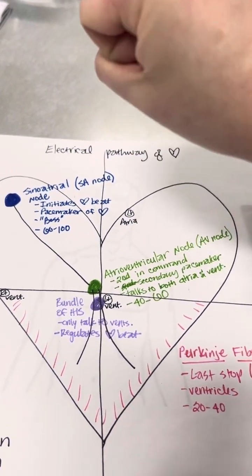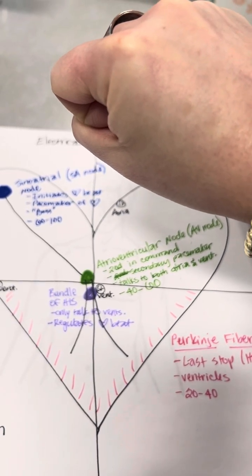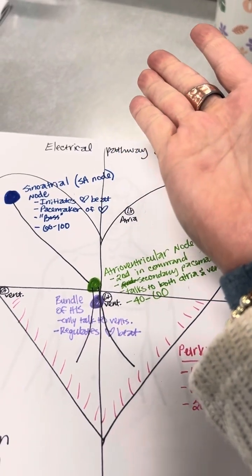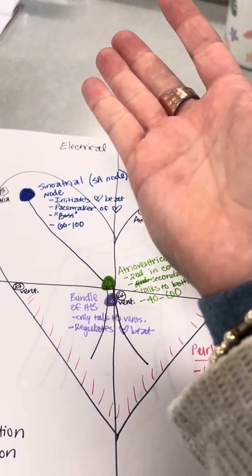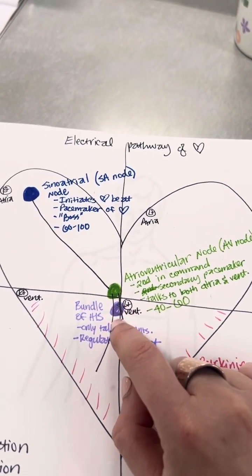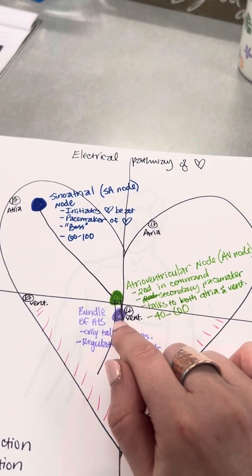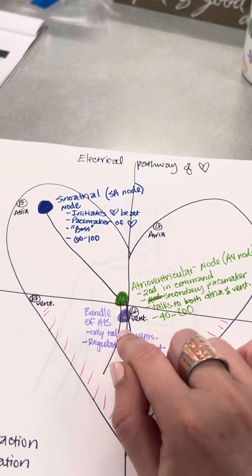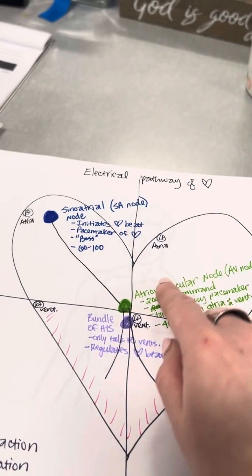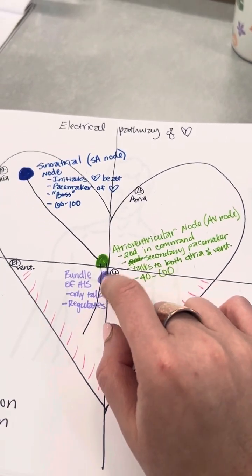When the atrioventricular node gets that impulse, it tells the atrial cells to repolarize. So the atrial cells now relax, and it sends an impulse down the highway, telling the ventricles to depolarize. So we've got the atria relaxed, and now we send the impulse along telling the ventricles to depolarize.